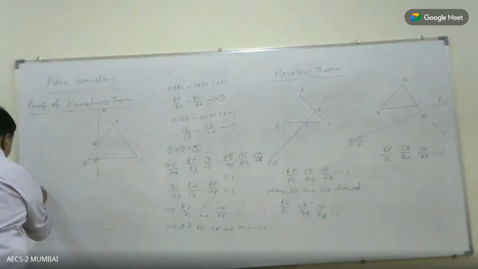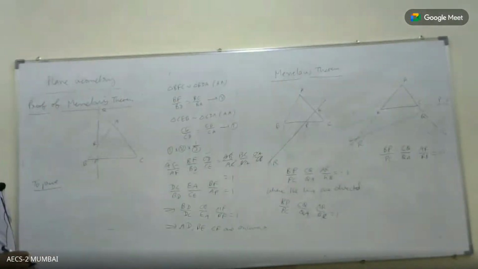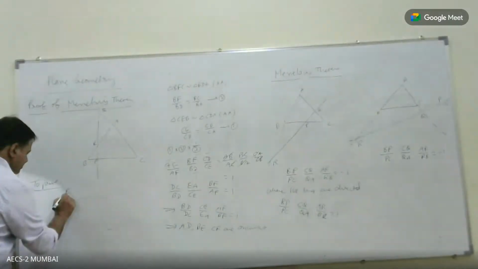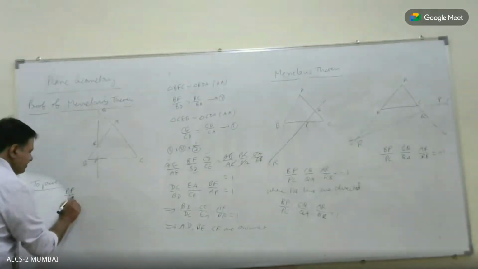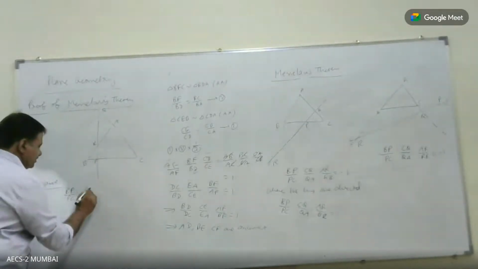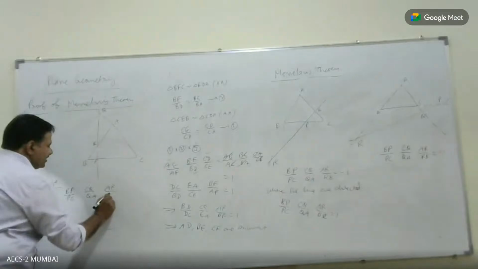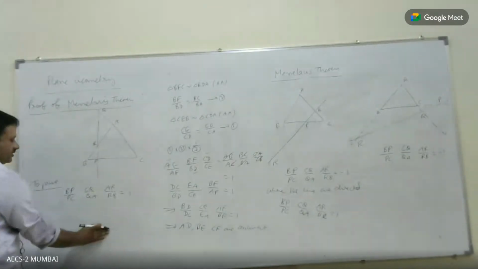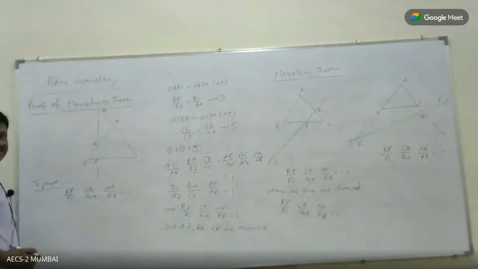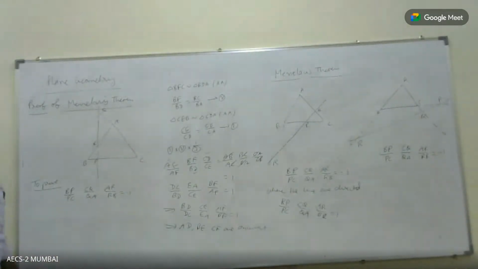What we need to prove? BP by BC multiplied by CQ by QA multiplied by AR by RB equal to 1 or negative 1. We are ignoring that negative. We need to get this result.